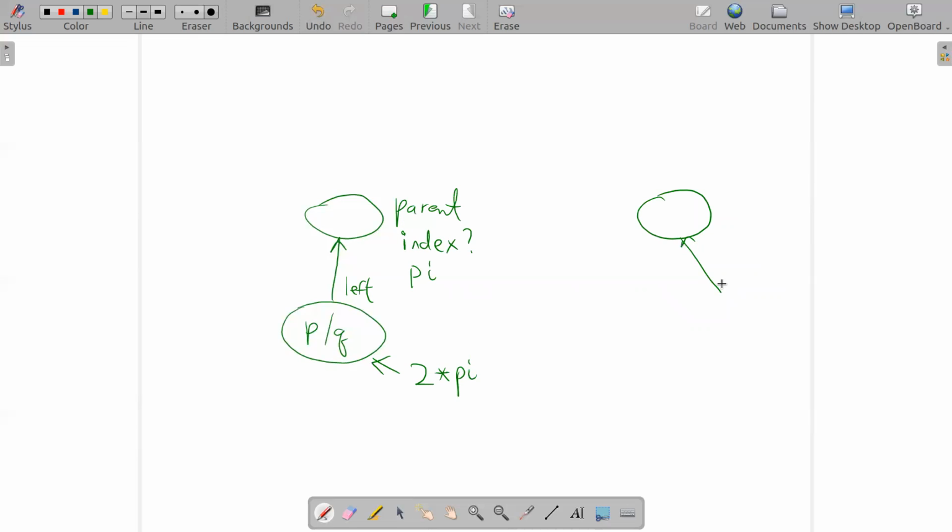If on the other hand I'm the right child, then my index is 2 times the parent index plus 1.